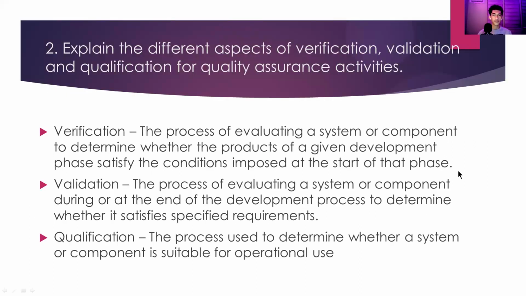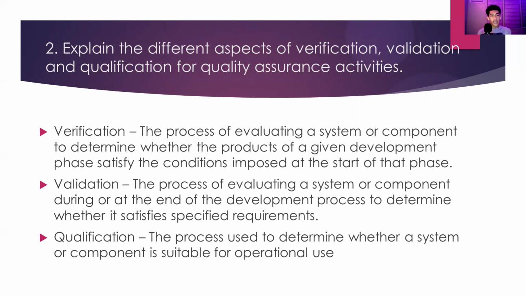Question number 2. Explain the different aspects of verification, validation, and qualification for quality assurance activities. In quality assurance activities, verification is the process of evaluating a system or component to determine whether the products of a given development phase satisfy the conditions imposed at the start of the phase.